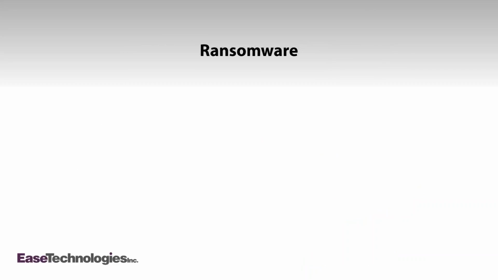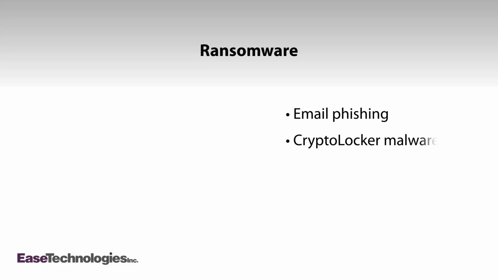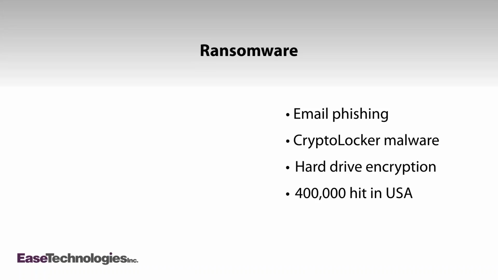So let's get into ransomware a little bit, because this is the one that is so troubling, frustrates so many people in so many ways. So we want to cover a little bit more of how this happens, Travis? So ransomware is a specific type of malware. Typically, it's going through an email link. Somebody is getting an email and clicking on something, so it is a phishing incident, and it's installing something called CryptoLocker or Crypto Vault.